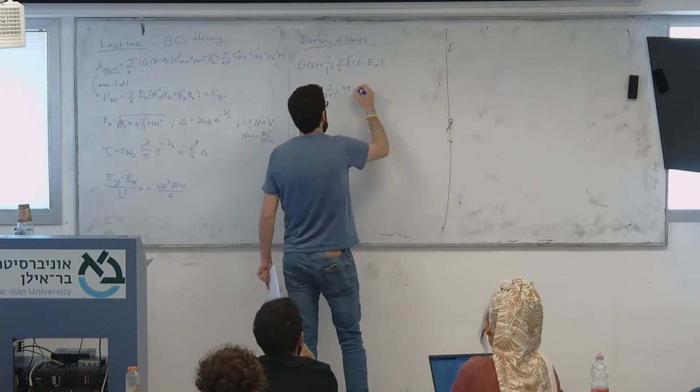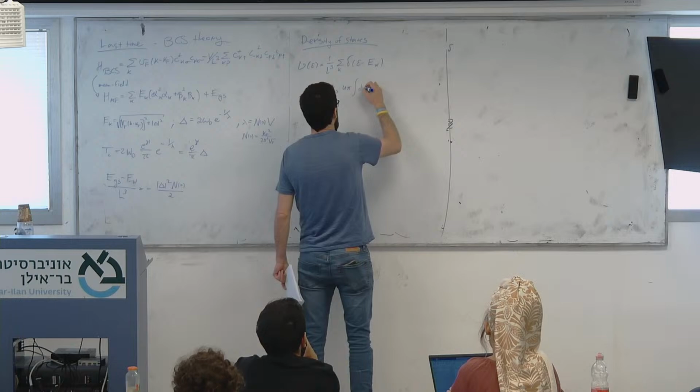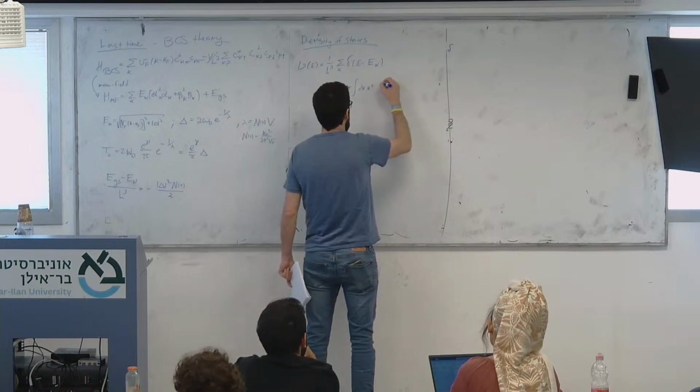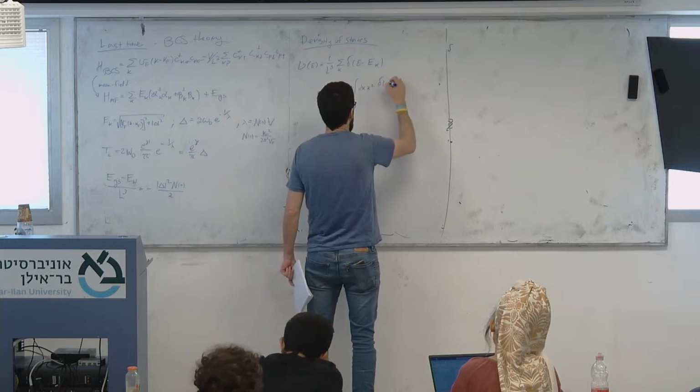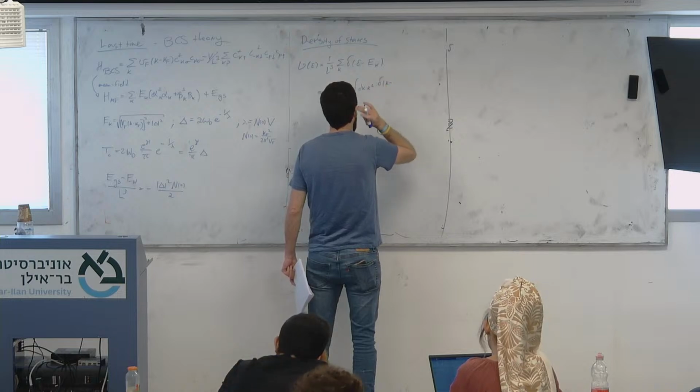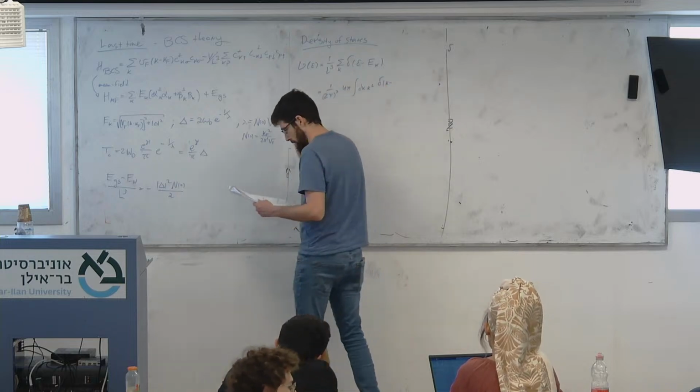Let's write the integral dk k squared of delta of... wait, how do I want to do this? Hold on.